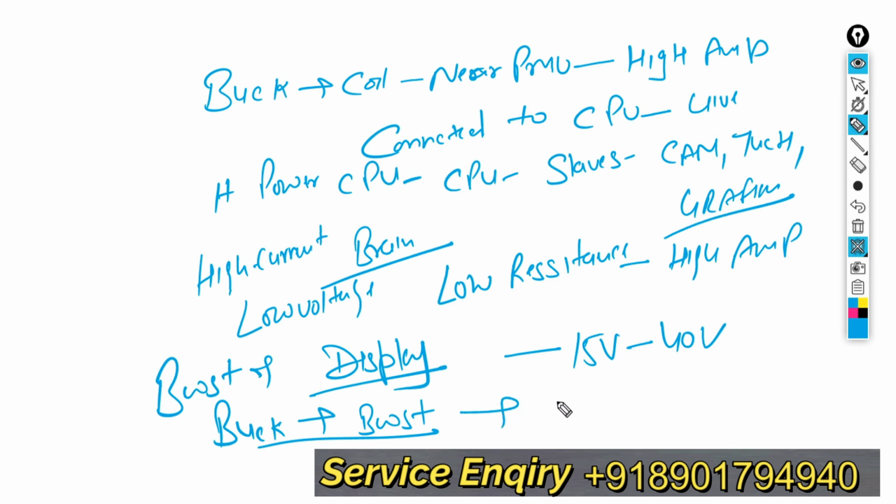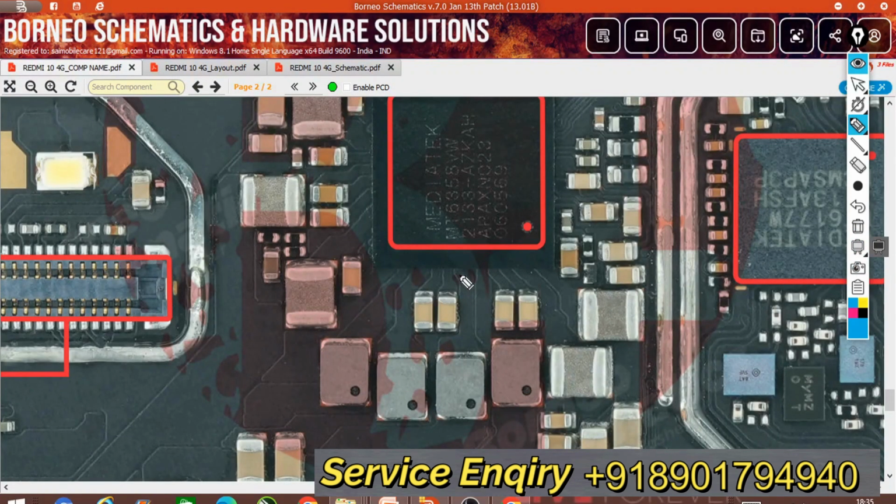So if any coil is damaged, buck or boost, you must not replace it with the other. Only replace it according to the value. Now it's clear, I hope you understood this normal basic work.